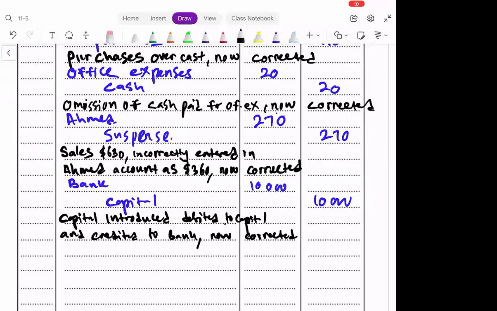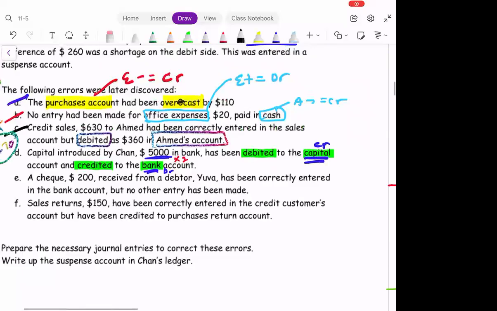Can I continue? Okay. Next one, E. A cheque of 200 received from a debtor UR has been correctly entered.